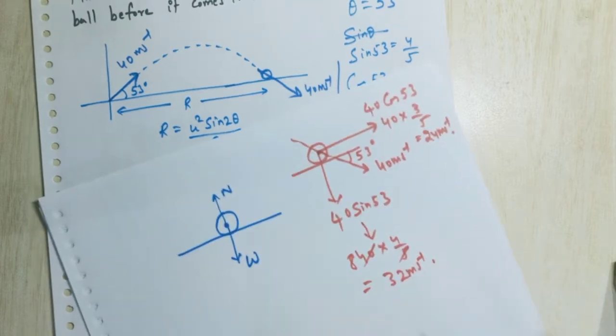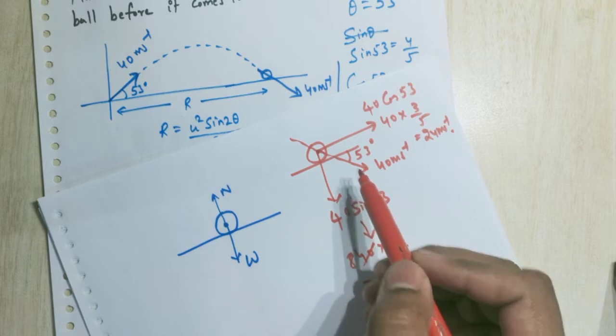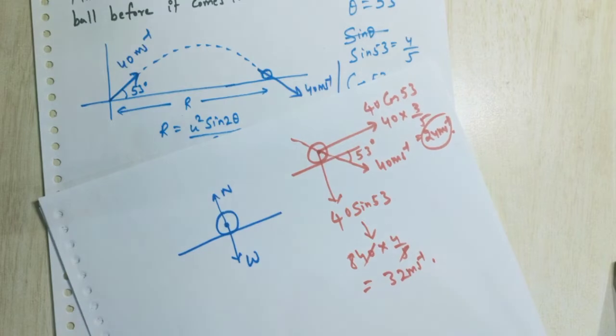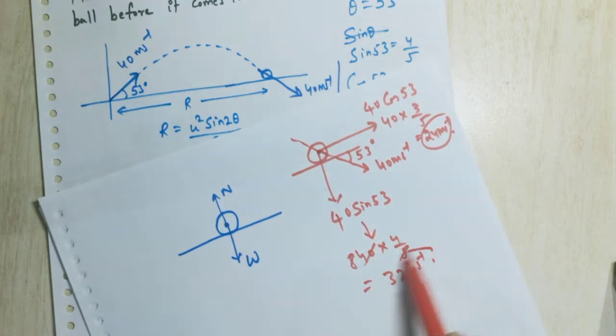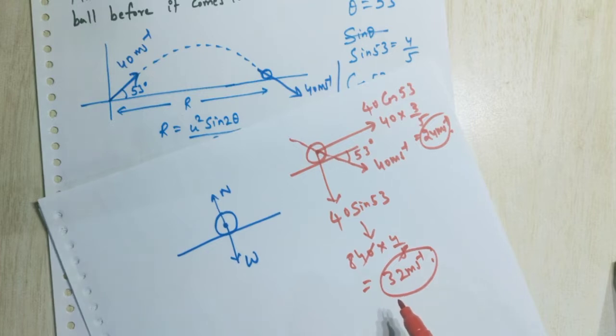That means when the ball hits the ground, it will have two components. One in the positive x direction, velocity 24 meters per second. One in the negative y direction with the velocity 32 meters per second. Why did I tell this? In order to prove that there is a tendency of relative motion.